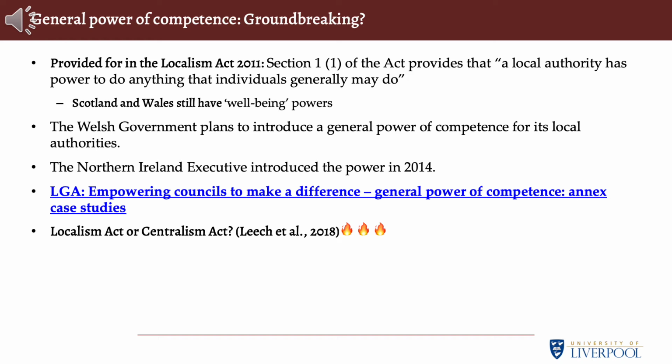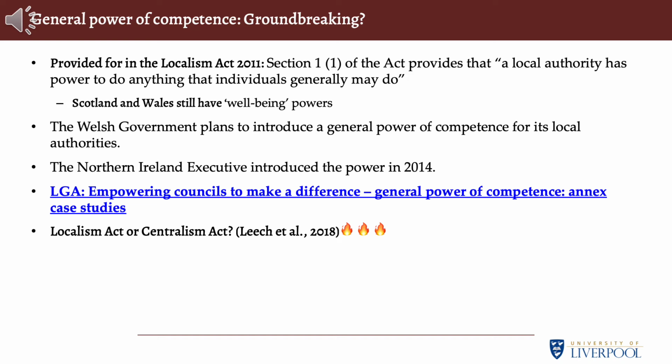Now, under this general power of competence, you can do a lot more than you used to be able to, but you cannot do anything that is specifically prohibited in legislation. You can't raise taxes, you can't alter the political management structure of the authority, and you can't engage in commercial activities as the council; they must be done through a private company.